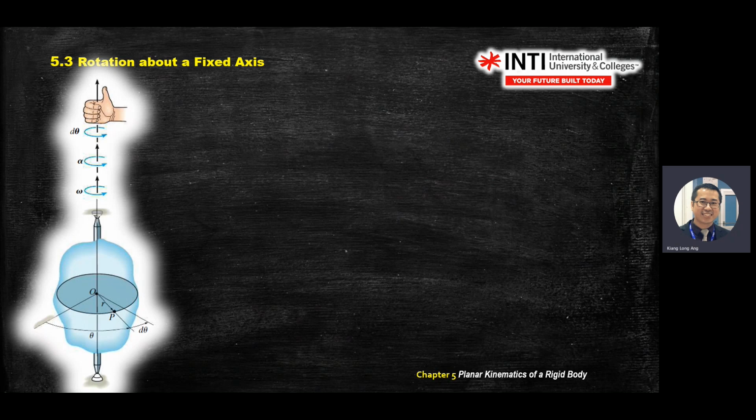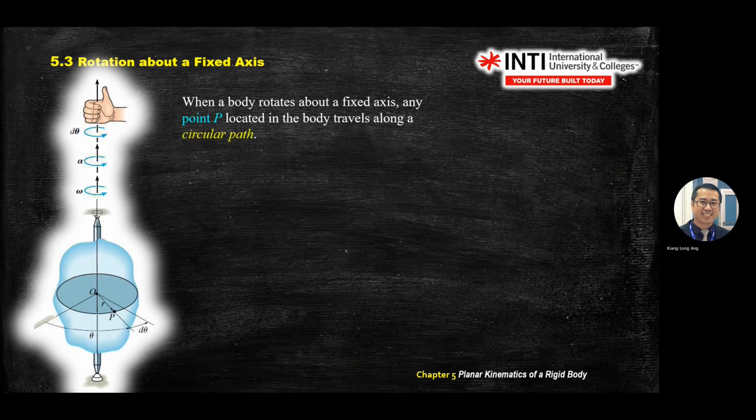Let's say we have a very random body, and this is moving in the radius of R, and we pick one position P, right?